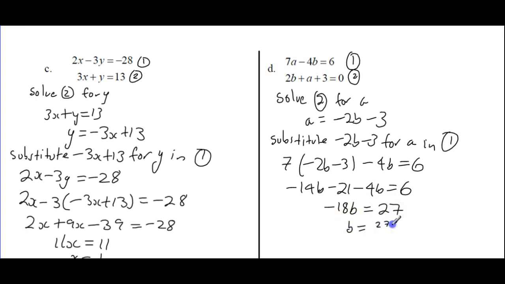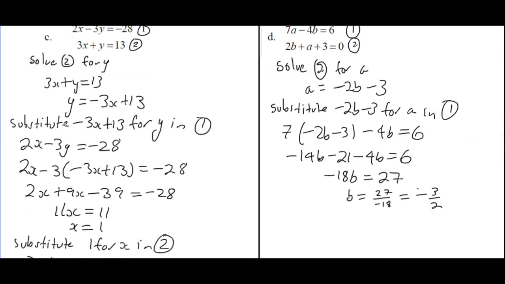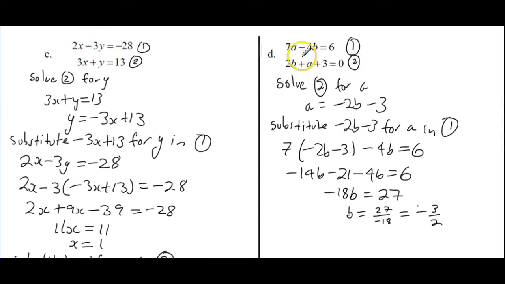So b is 27 over negative 18, which is, let's see, 9 goes into that, so it'll be negative 3 halves. Okay, we want to solve for a. Well, let's go into here because a is by itself. So we're going to substitute negative 3 halves for b in equation 2.